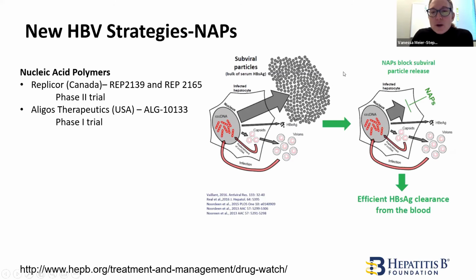So effectively, instead of having all of those decoy little subviral particles of the surface antigen being spewed out into the bloodstream, NAPs are able to block that and effectively clear it from the blood. This is sort of an artificial way of lowering it from the blood, but that gives the body a chance to attack those liver cells and clear that.